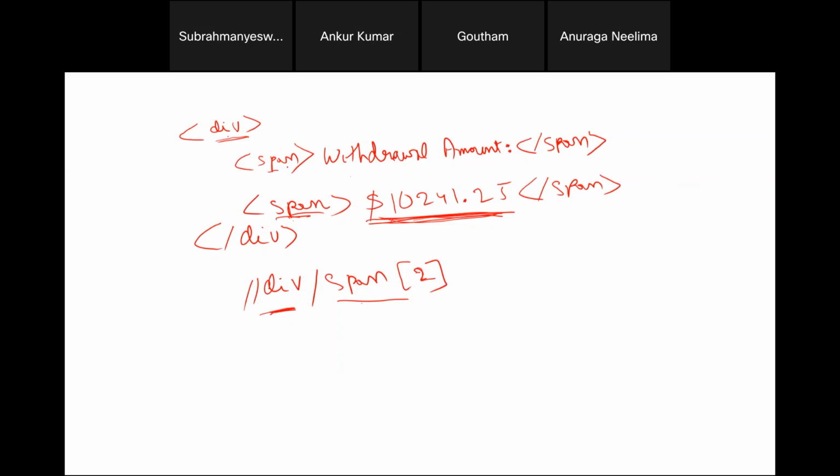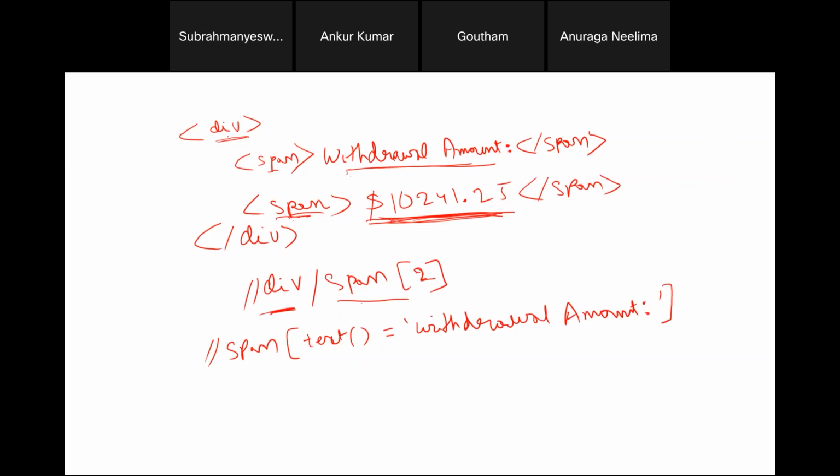Yes, so the first thing is we have to use the text here. So for two forward slashes, span, and here we have to use the text attribute, text equals to, and here I'll use this withdrawal amount. This is what I use. So now I will come to this place, but I have to come to this one.